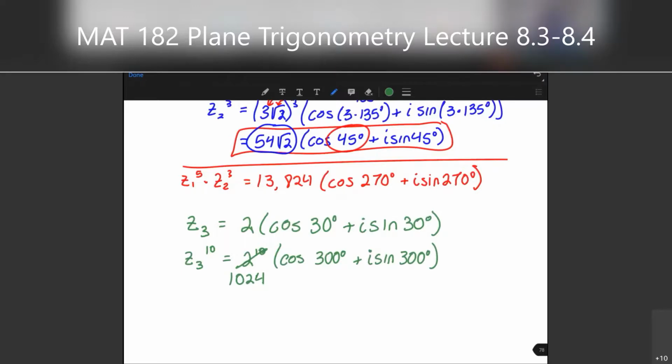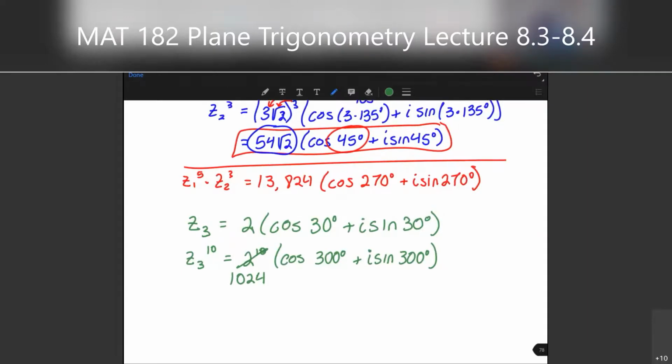Now we get to do our last step, which is just the quotient of a few items. So let me write this whole item out.